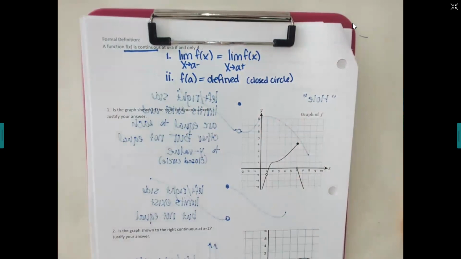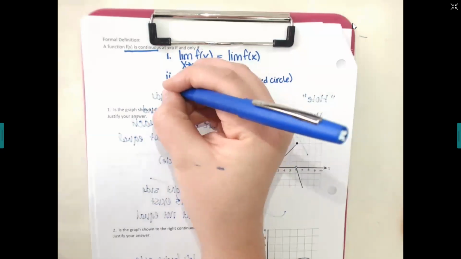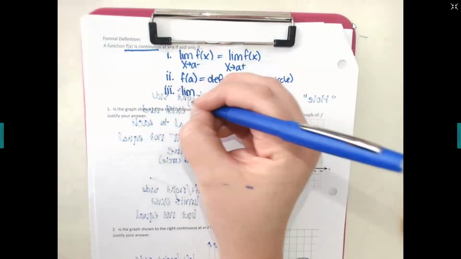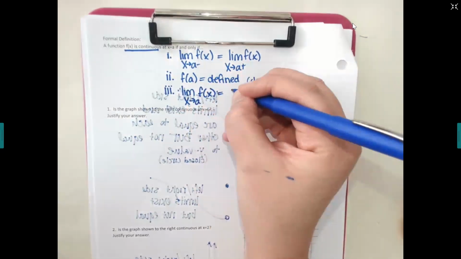So I have to have a limit from the left and the right equal, and I have to have a y value. The third and final step is that those two pieces have to be the same. So my y value and my limit have to equal each other. So we're going to put 1, 2, 3. And it's going to be that your limit as x approaches a has to equal f of a.